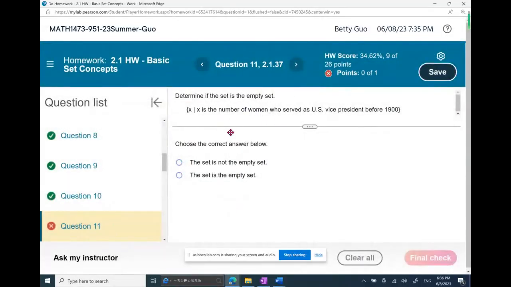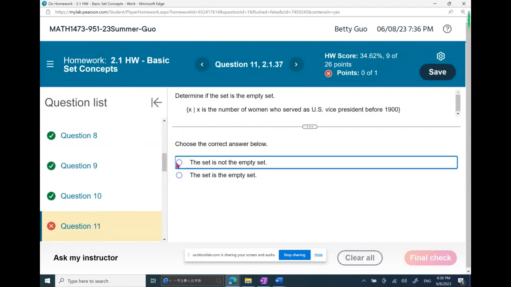The set S is number of women. Oh, X is the number of women. Oh, it's not the woman president. X is the number of women who served as U.S. vice president. Oh, it was vice or not vice earlier.